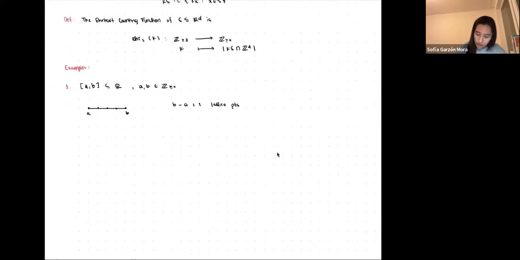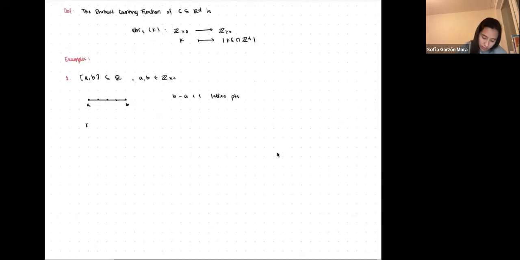But how about the kth dilate? So the kth dilate, if I call this interval L, then this is the interval ka to kb. And how many lattice points does this have? Easy question now.